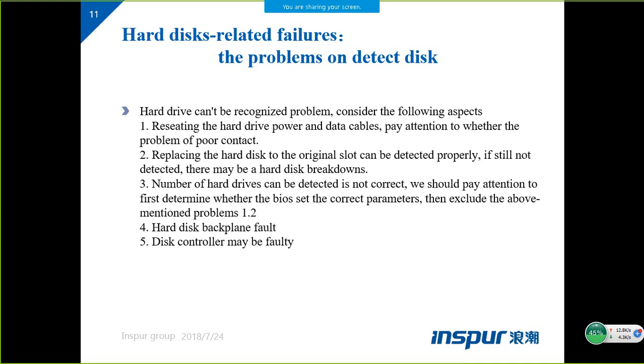So now you can collect the logs to analyze what's wrong with the RAID card or the hard drive, or maybe there is another situation is typical issue. Okay, the remaining two aspects are hard drive backplane issue or hard drive or the RAID card issue.